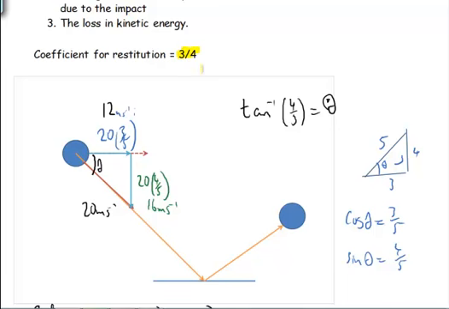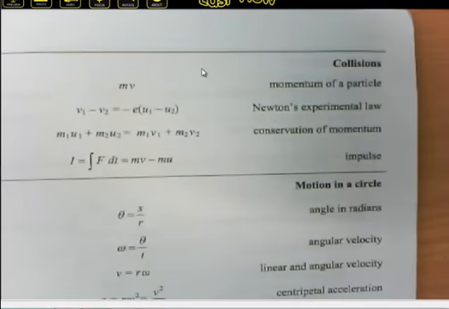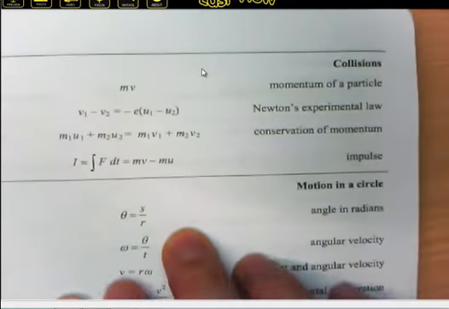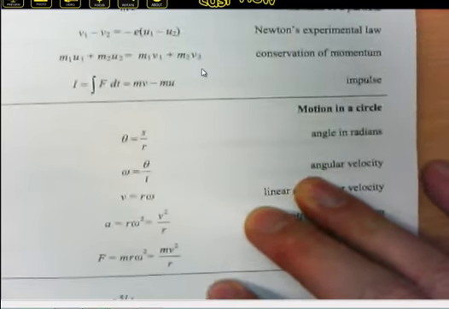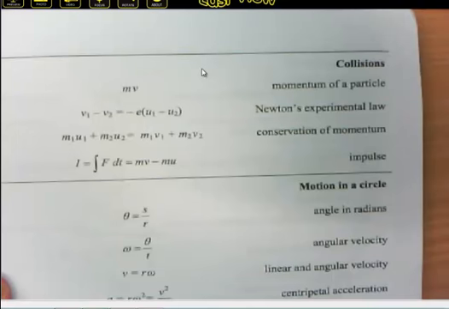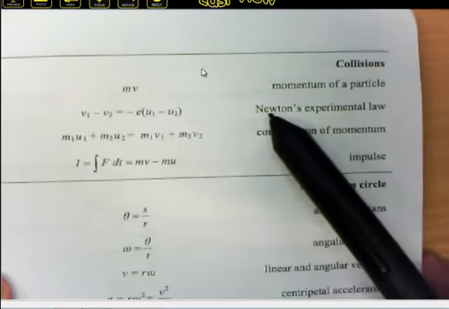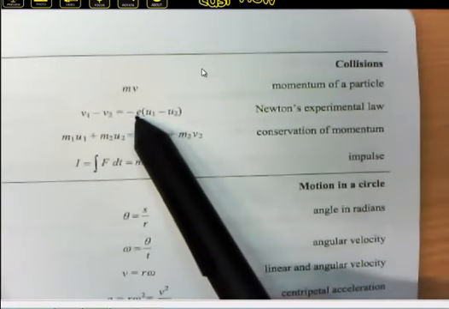Now to work out the next part, you really want to consult your log tables. Here are the log tables, so this is page 51. It tells you a few different things. We have the momentum, mass times velocity, and Newton's experimental law, which has the coefficient of restitution, which is what we're interested in.